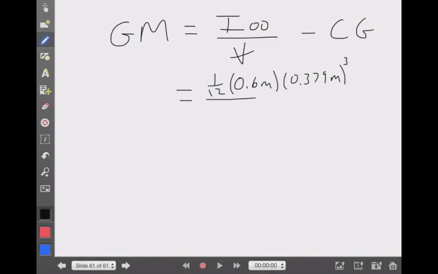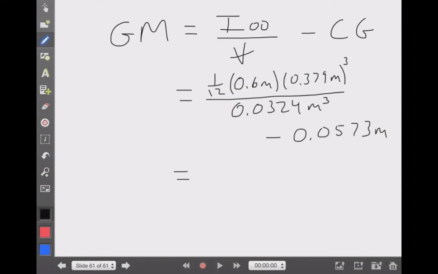The total volume is just what we calculated before, which was 0.0324 meters cubed, and we have to subtract from that 0.0573 meters, which is CG. So when we do this, the moment of inertia ends up being 0.00273 meters to the fourth.